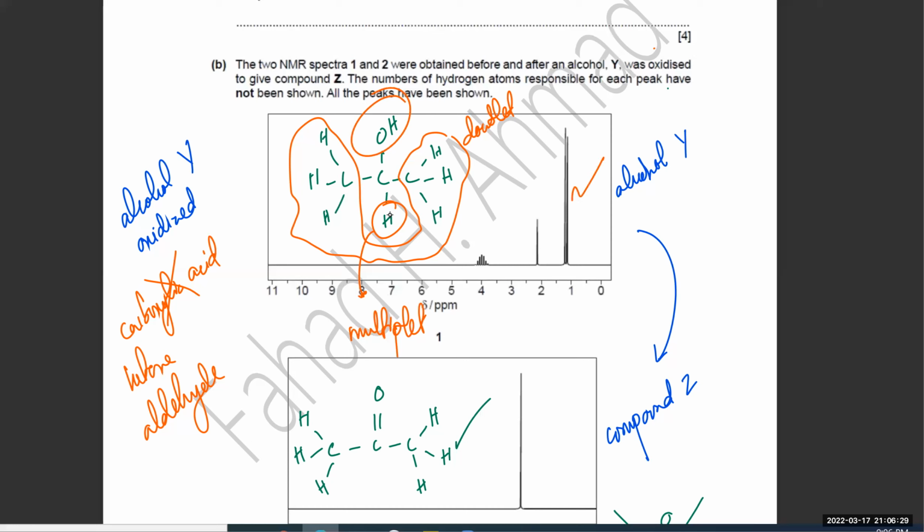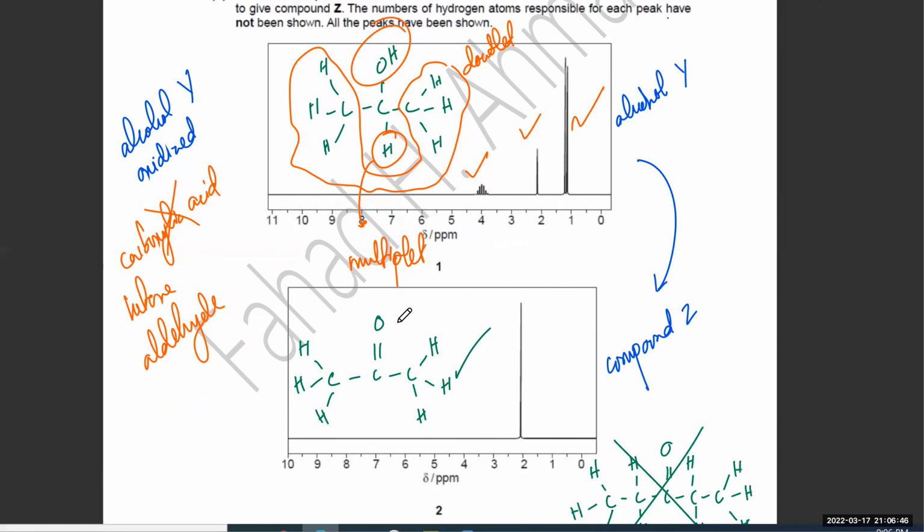So you got a doublet, a multiplet, and a singlet as well, right? And the height is in the same ratio. These two are small because there's only one hydrogen, and this one is big because lots of protons are absorbing there. So it's probably going to be this molecule over here. And you can even look at the NMR spectrum. Remember, when the CH3 is right next to the C=O, that's when you get something at 2. We just did that in the previous question. Is that clear?